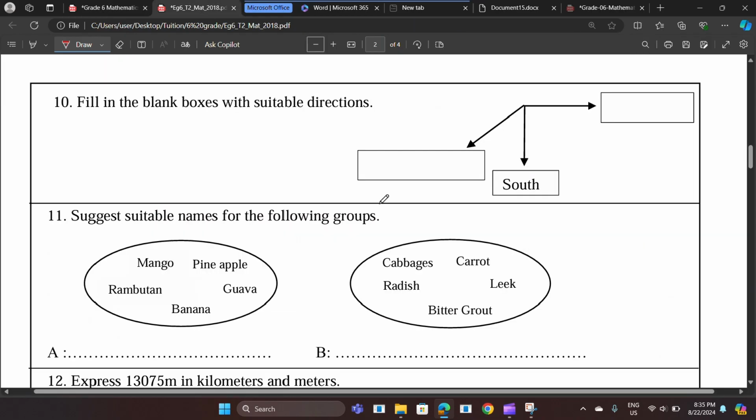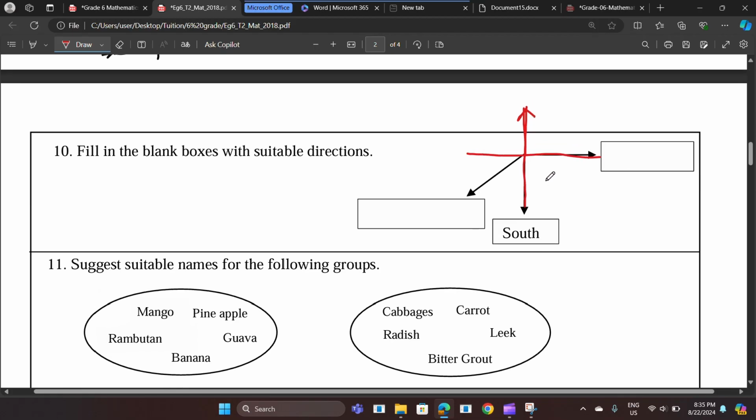So the question is fill in the blank boxes with suitable direction. First, we draw a cross like this, and the arrow side pointed upward is north. This is north, this is south, and this is marked already.